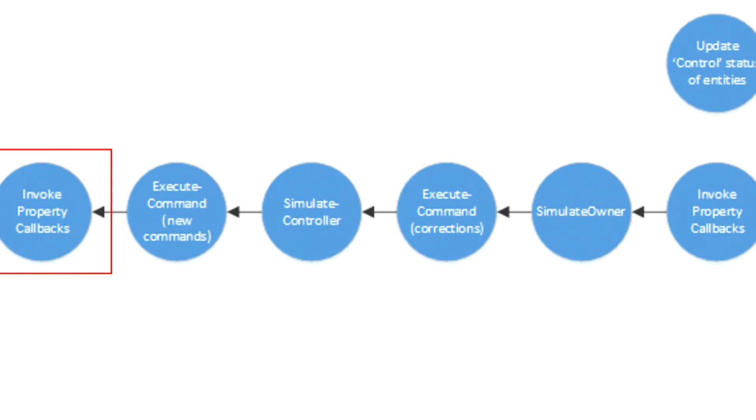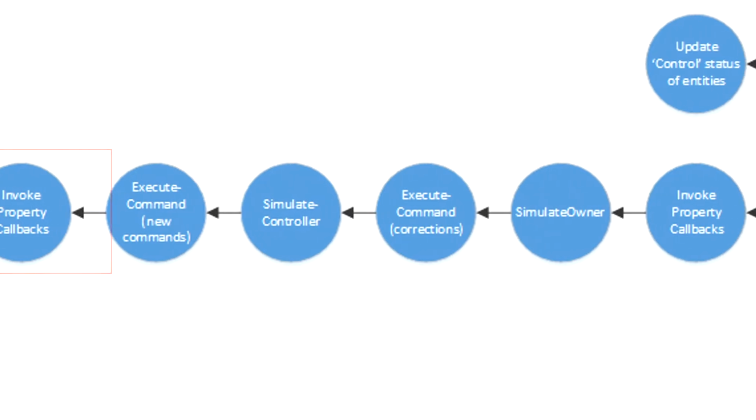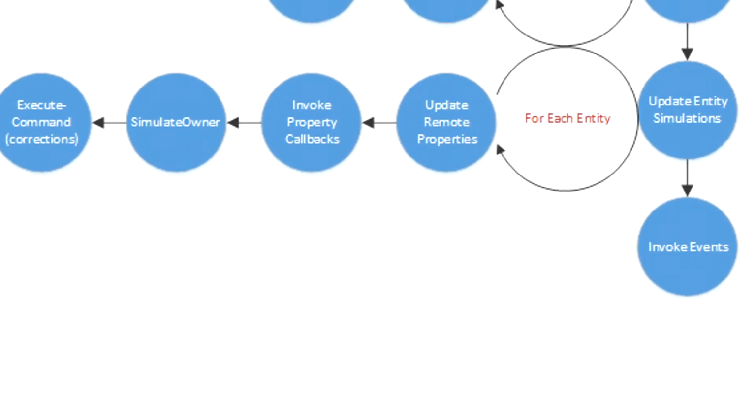And at last, we have a new invoke property callbacks that will simply be called, to my knowledge, only if you have changed any property on your entity between the first invoke property callbacks and the last execute command. And this is the end of the update entity simulations.